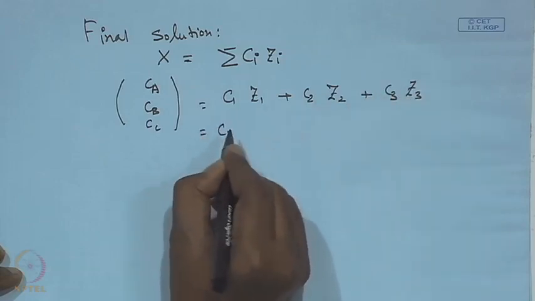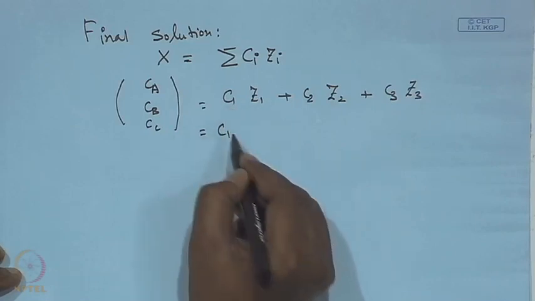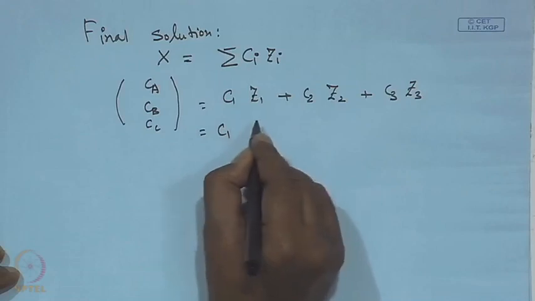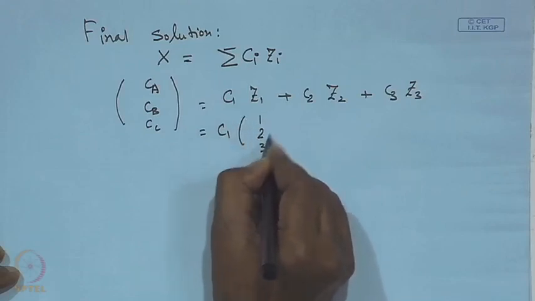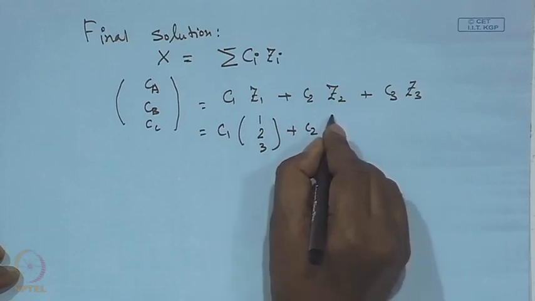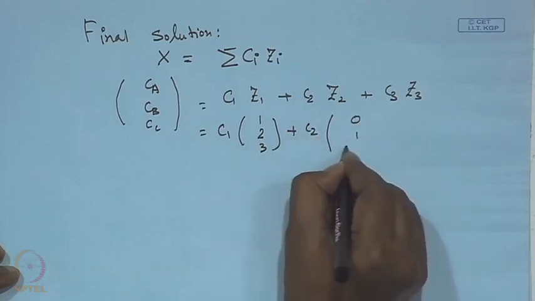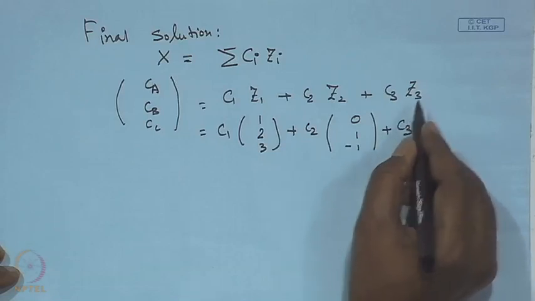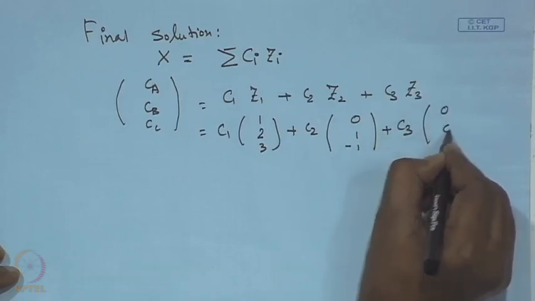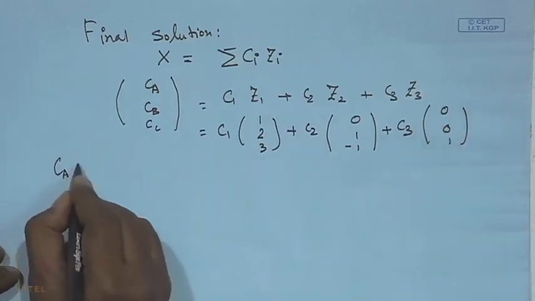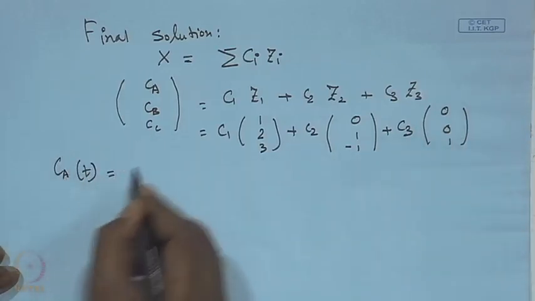So, you have the coefficient C 1 as a function of time that we have just evaluated. Just put the value of Z 1, 1, 2 and 3, plus C 2, which we have already evaluated, with 0, 1, minus 1, plus C 3, for which we have already evaluated the expression, and Z 3 will be 0, 0, 1. So, therefore, you are in a position to get the value of the final solution.